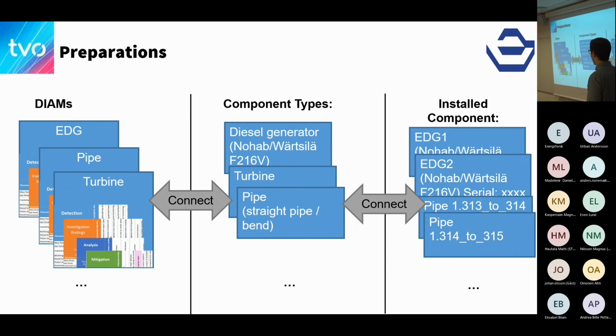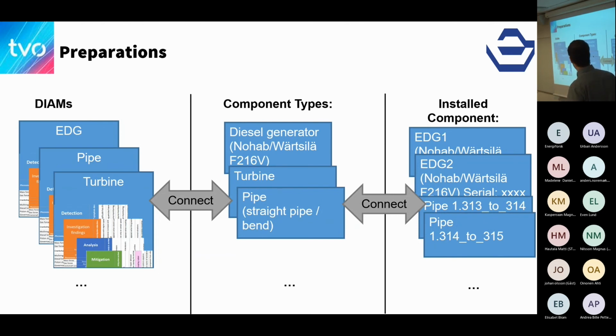It might be some model, usually the model of that component, or with pipe elements it might be some type of pipe. And these component types are associated with one DIAM.